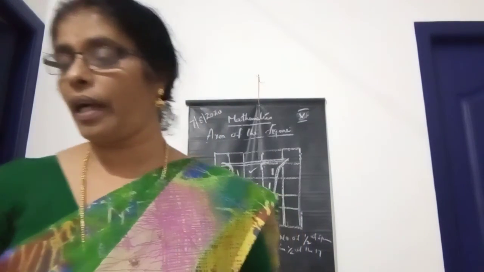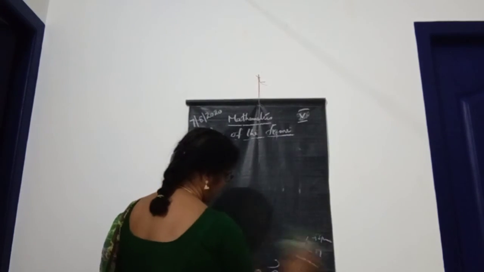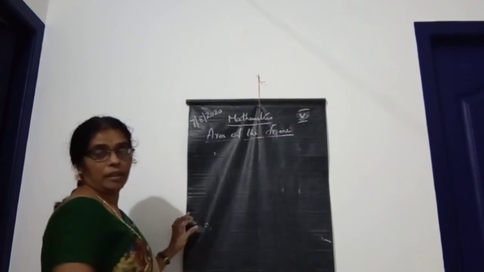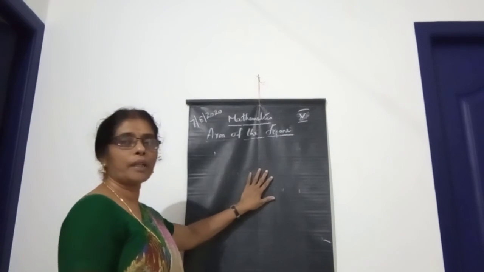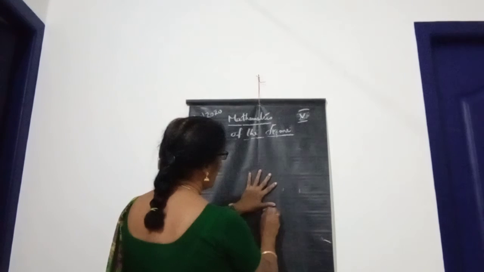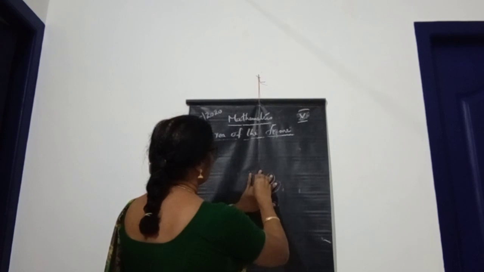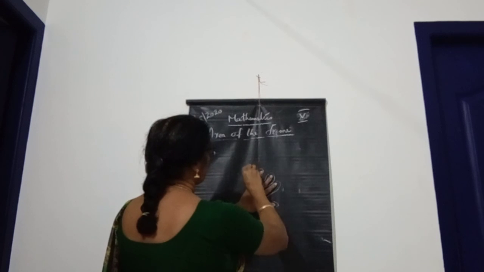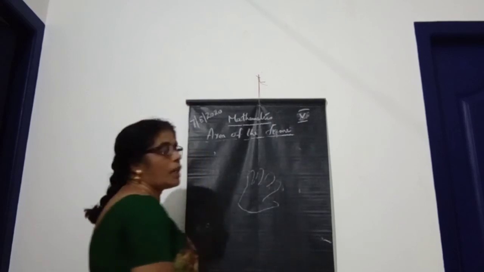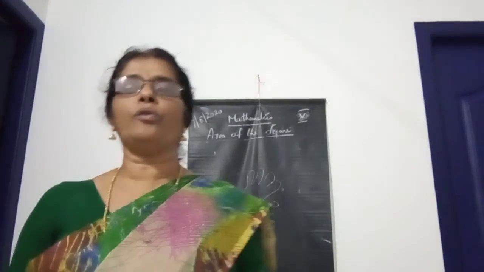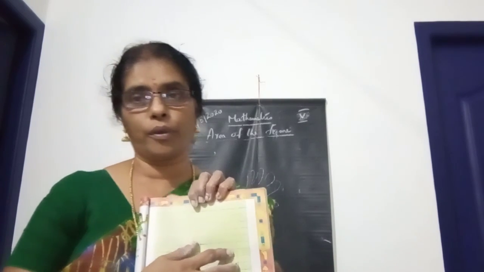Draw your hand and find out the area of your hand by putting a hand on that paper and drawing around it like this.